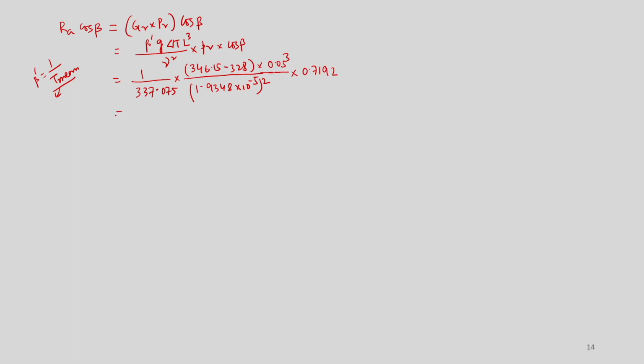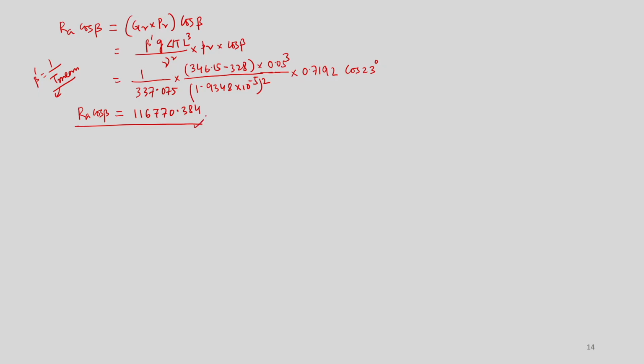And of course, we need to multiply by cos of beta, beta value is 23. Okay. So, if we do the analysis, then what we will get is something like 116,770.384. So, this value is for Ra cos beta, right.